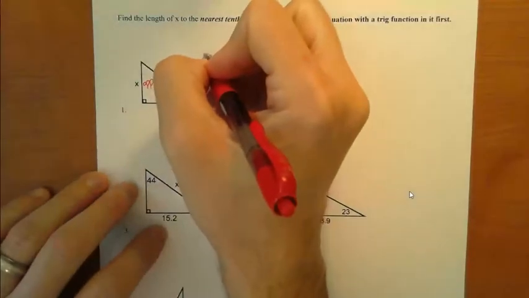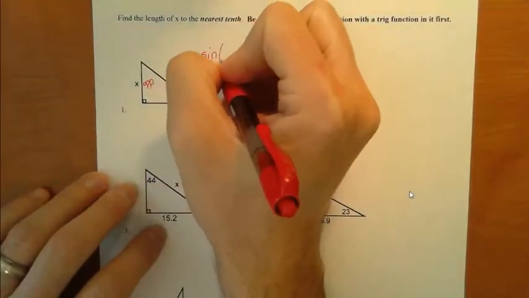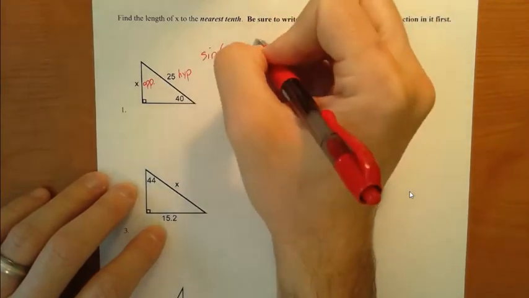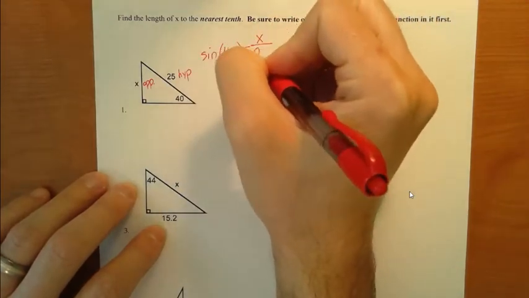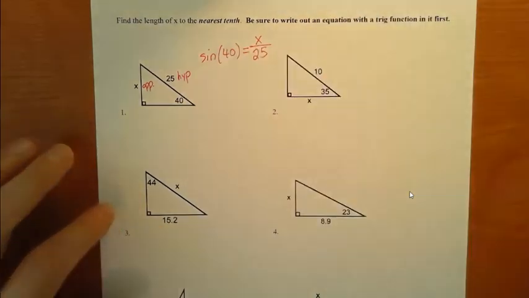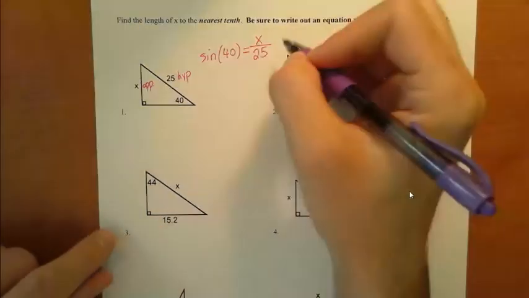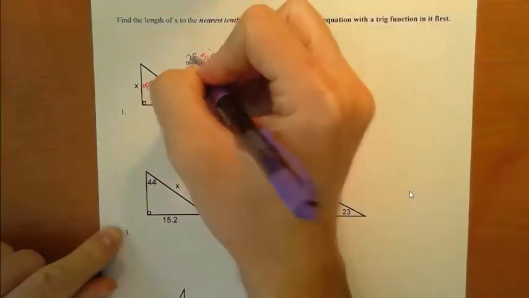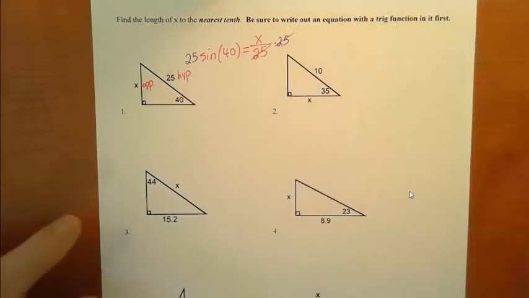So I could set this up as the sine of 40 is equal to x over 25. And just like last time, now that I've set this up, I can multiply by 25 on both sides, which would divide out the 25s we have.